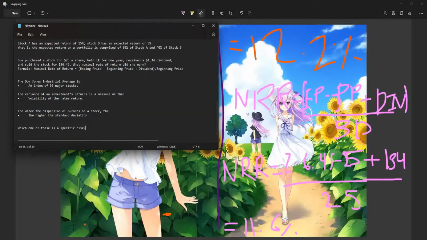Which of these is a specific risk? Well, that one is unfair. Let me open the midterm review. He doesn't have it in his practice. Well, effectively, a fire at the company's main factory is a specific risk. Do you know why?